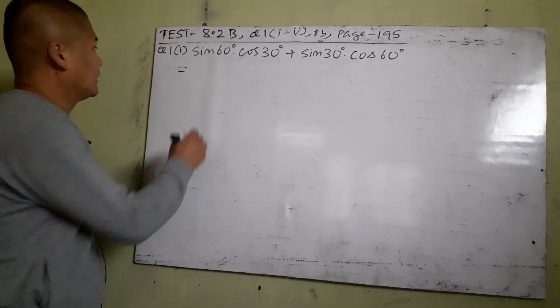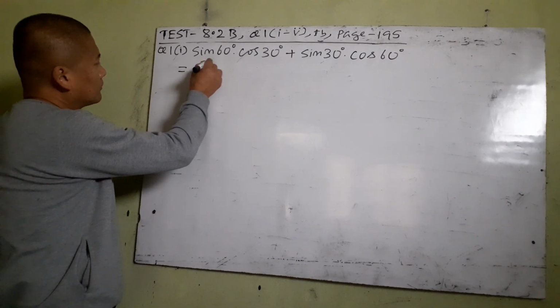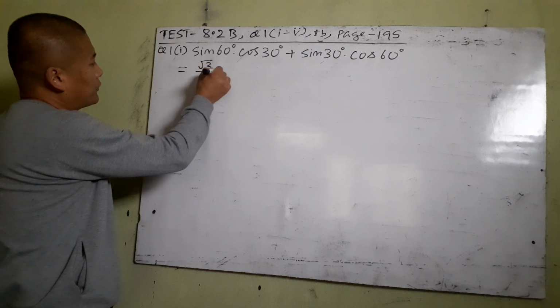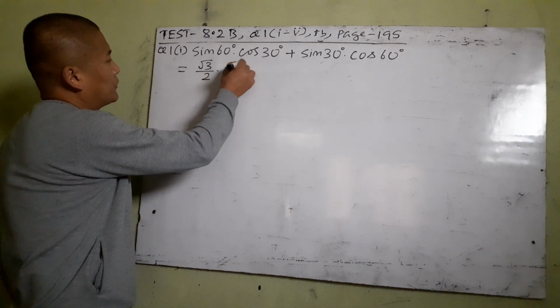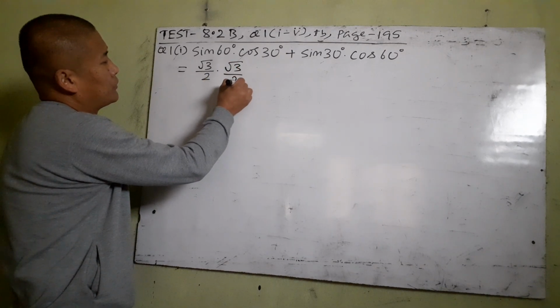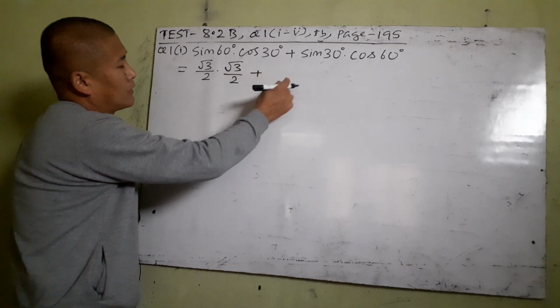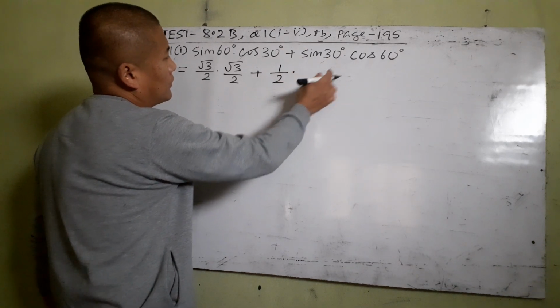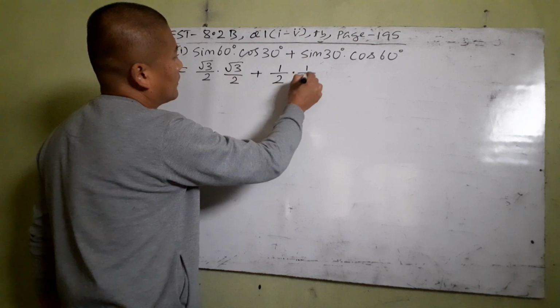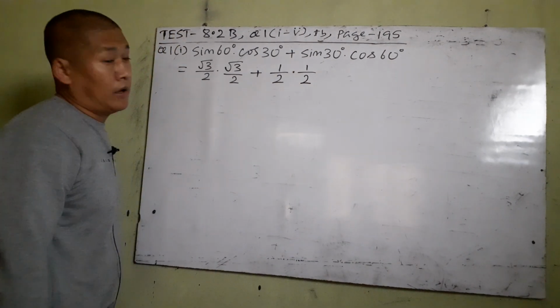So sine 60 degree is root 3 by 2, so we put that. Into cos 30 degree is also root 3 by 2, so we put that, plus sine 30 degree is half into cos 60 degree is also half, right?